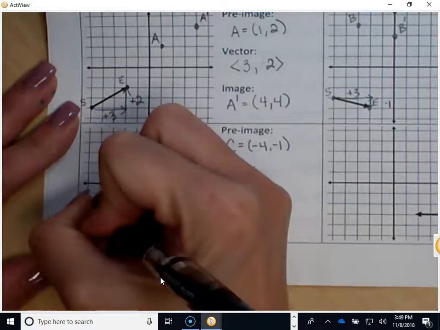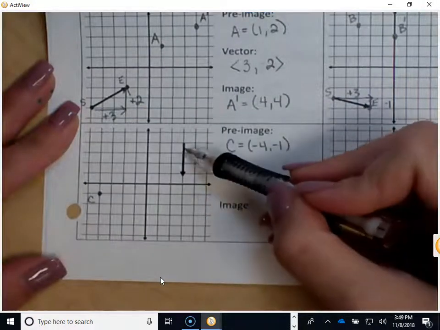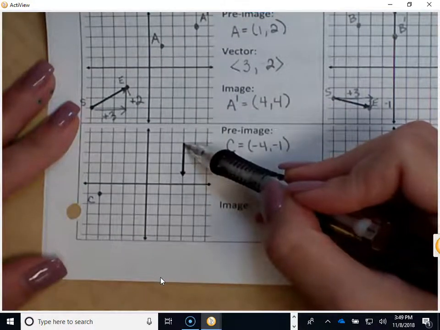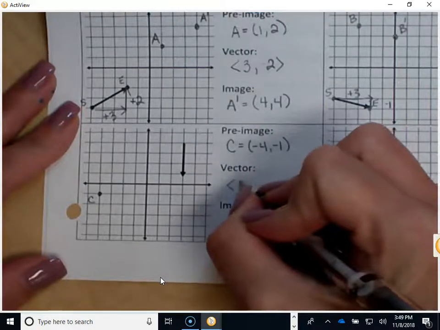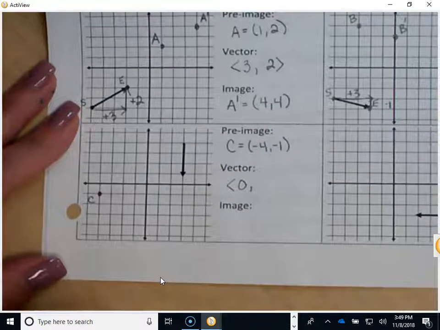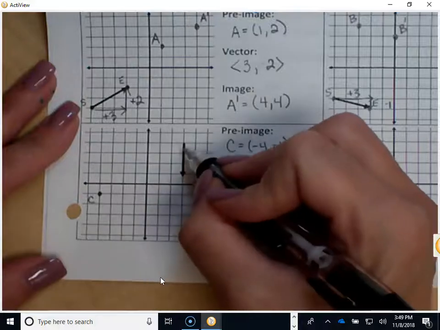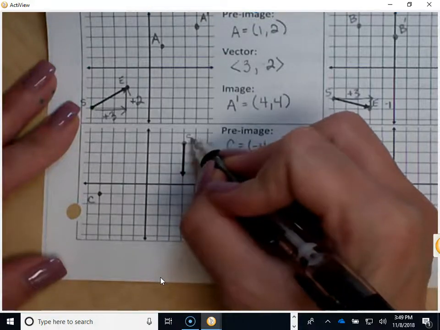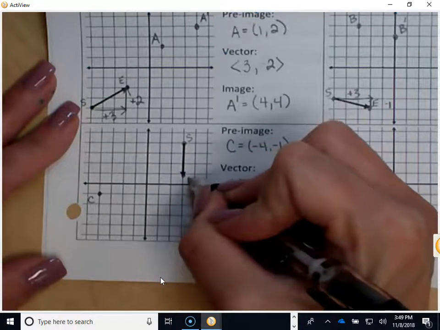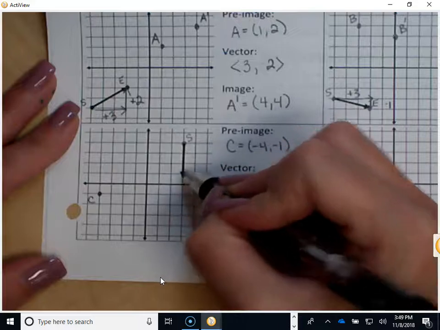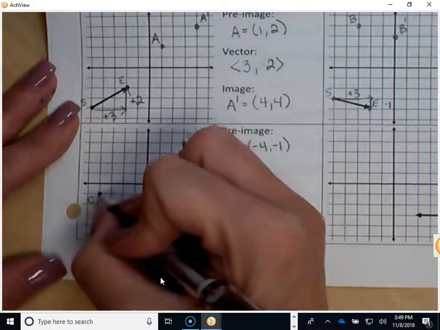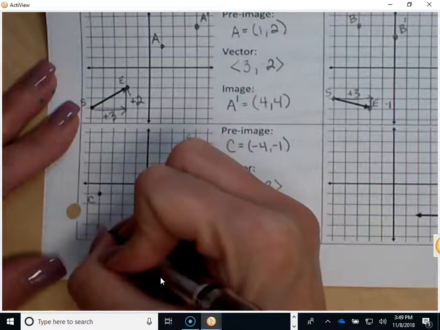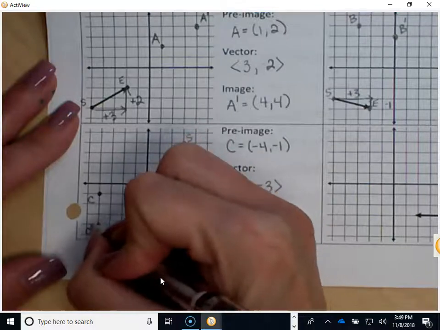So that's C. Based on our vector, we're not going to the right at all or to the left. Since it didn't go right or left, that's a 0 for the X part of our vector. And then we went from start to end. Looks like we went down 1, 2, 3. Since you're going down, that's -3. So going down 3 from here, 1, 2, 3, there's my C prime.